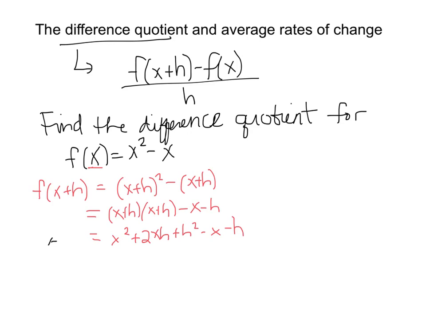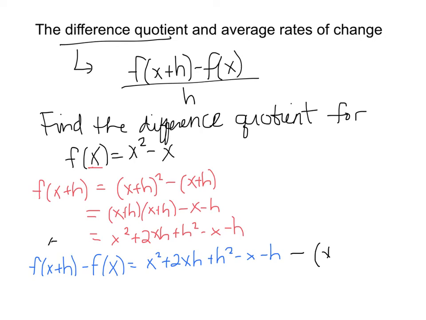If we want to think about what is f of x plus h minus f of x, we're going to take that last line we wrote in red, x squared plus 2xh plus h squared minus x minus h. That entire thing is f of x plus h. And now we want to subtract off f of x, which in this case is x squared minus x.